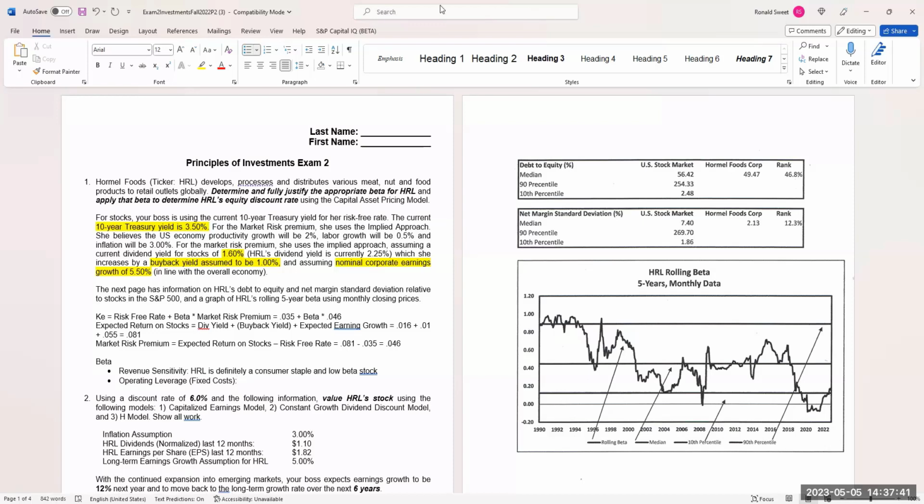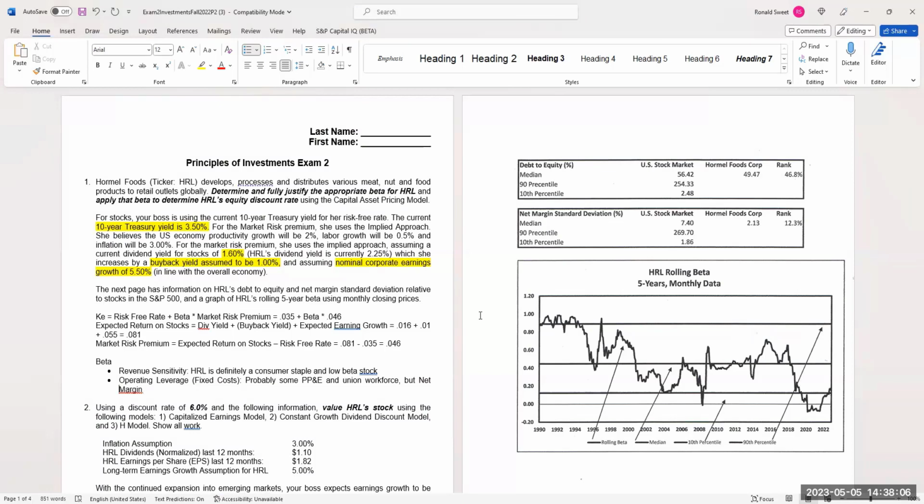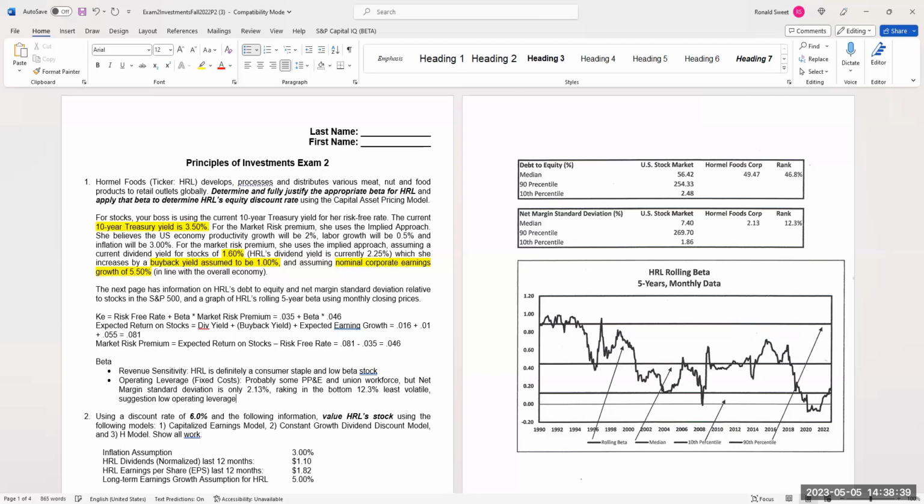But one indication we look at is, you might put some editorial here, probably some PP&E and union workforce, but their net margin standard deviation is only 2.13%, ranking in the bottom 12.3% least volatile, suggesting low operating leverage and low beta.